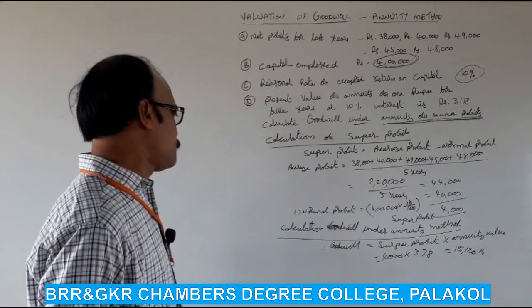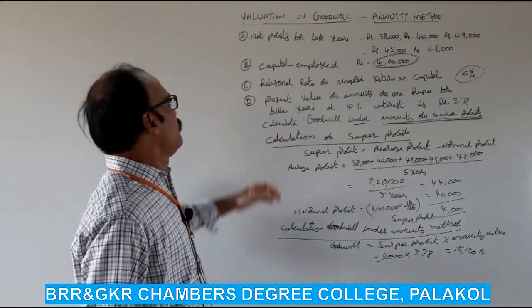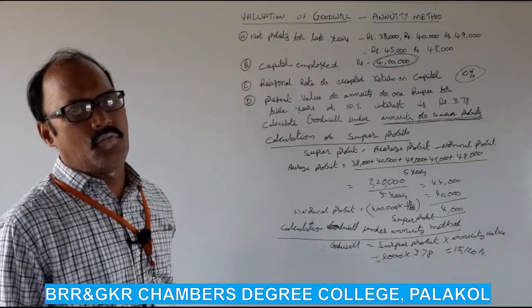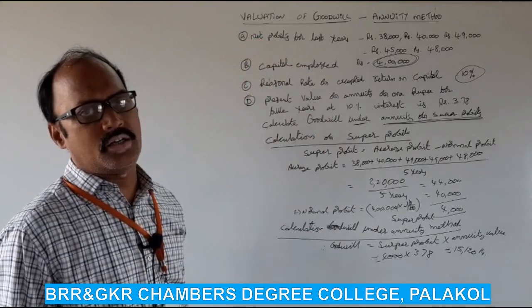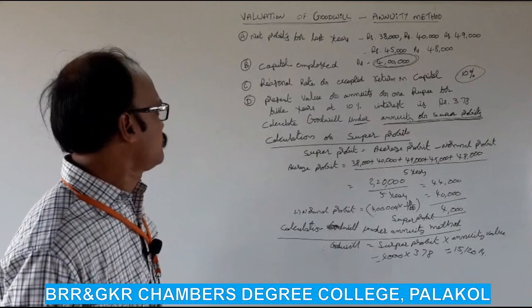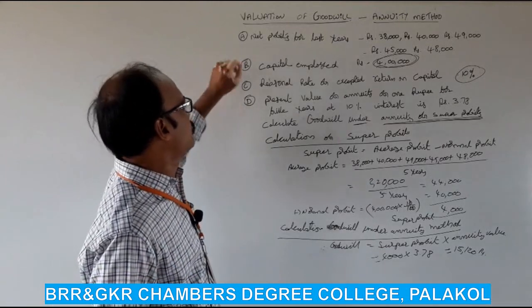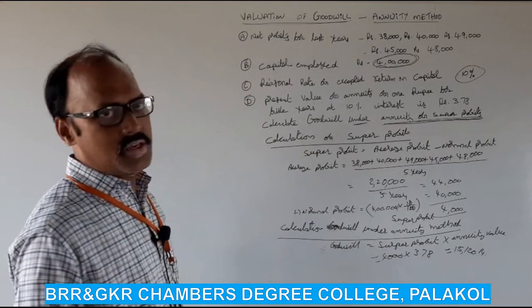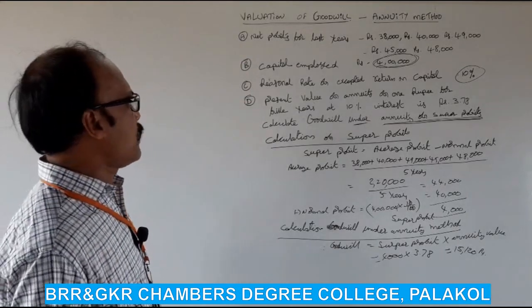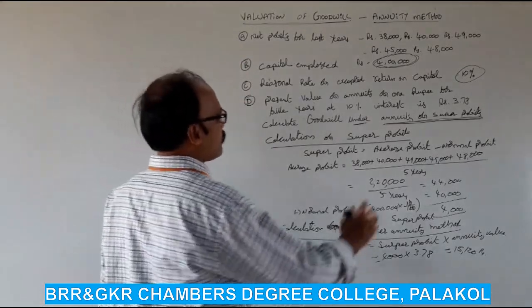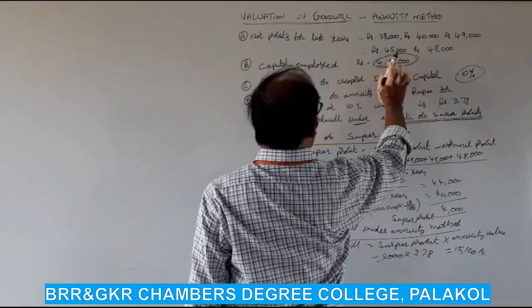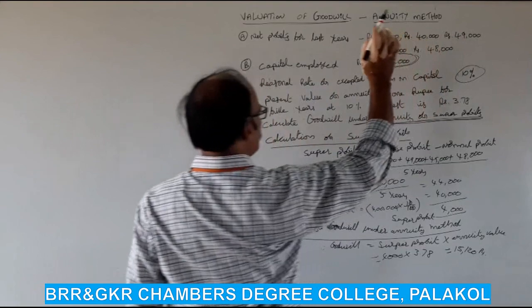Okay, look at this problem first. Valuation of goodwill under annuity method. This is the information available. Net profit for last 5 years: first year profit 38,000, second year 40, third year 49, fourth year 45, fifth year 48.